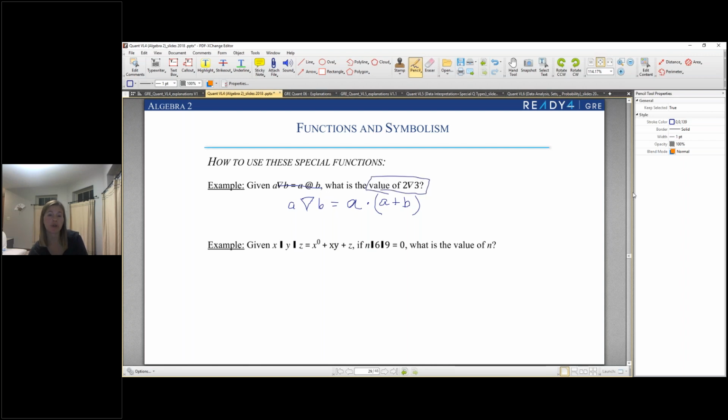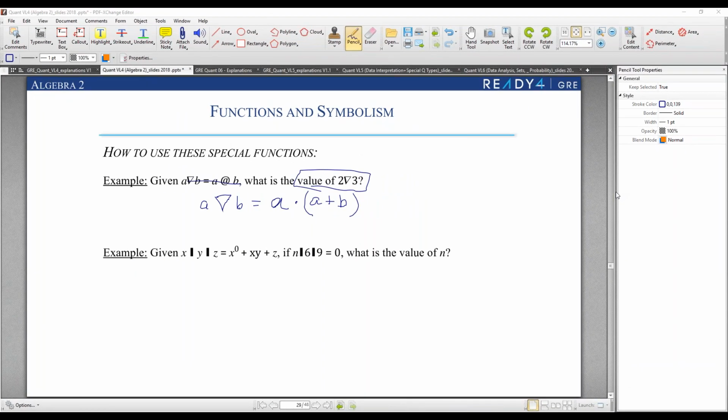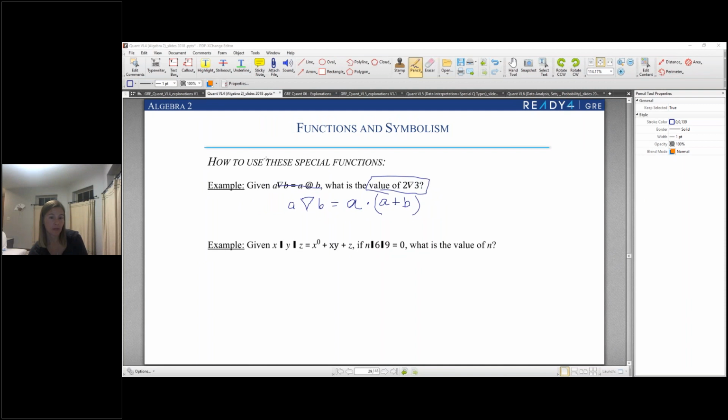So what would be the value of 2 triangle 3? All you need to do is plug in 2 for all the A values and 3 for all the B values.